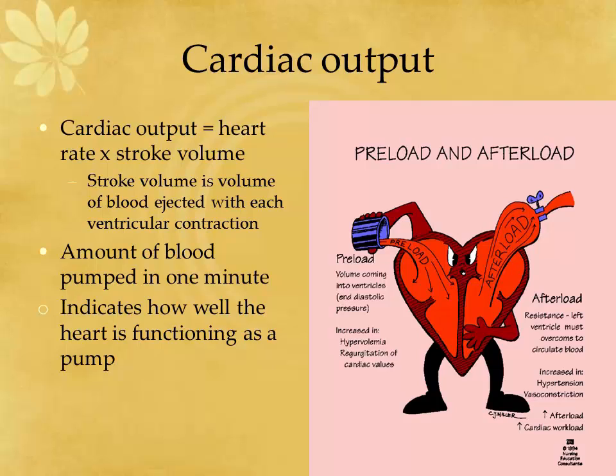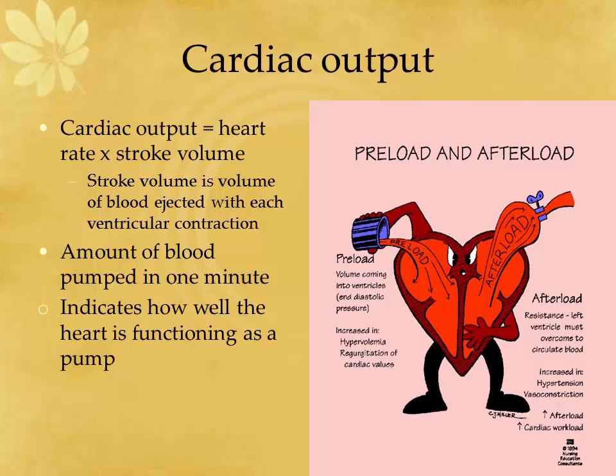For instance, a patient that has lost a significant amount of blood will have a lower stroke volume. They don't have as much volume in their body, so their stroke volume goes down.